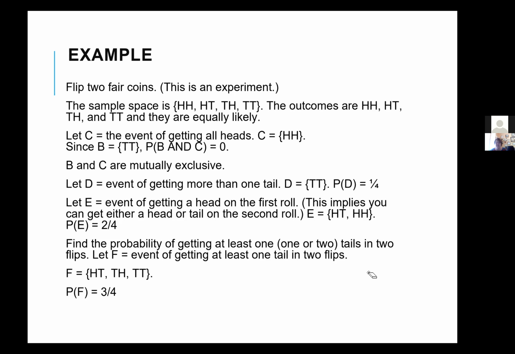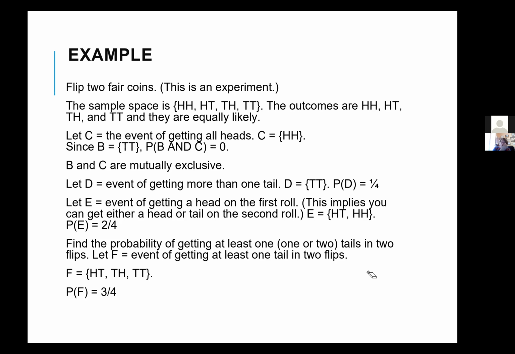I'm not going to get both a head-head and a tail-tail. So B and C are mutually exclusive events. If I flip 2 coins, there's no possibility of getting both 2 tails and 2 heads at the same time. If they can't occur at the same time, they are mutually exclusive.